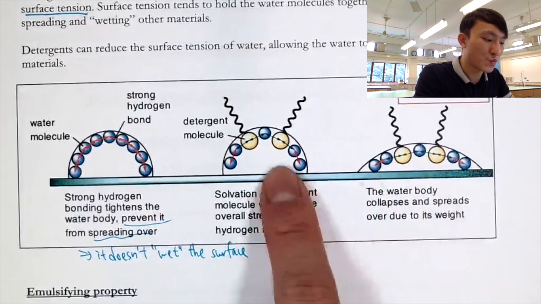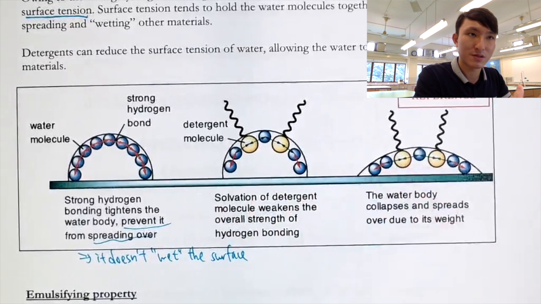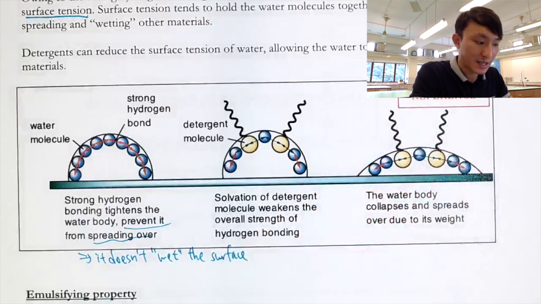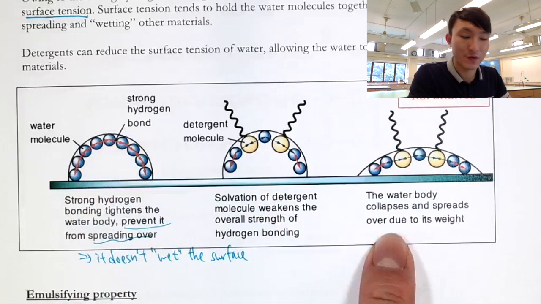Because of the weakening of the surface tension, the water droplet can no longer maintain its rounded shape. It collapses due to its own weight, and therefore spreads over and wets the surface.